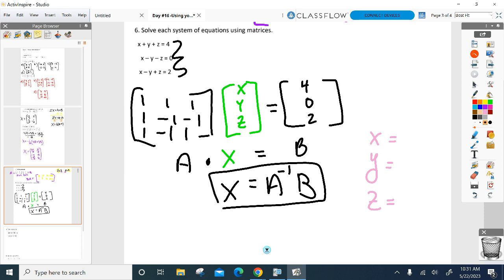Take the inverse of what you're trying to move over. You can't divide it. And it's easy as that.